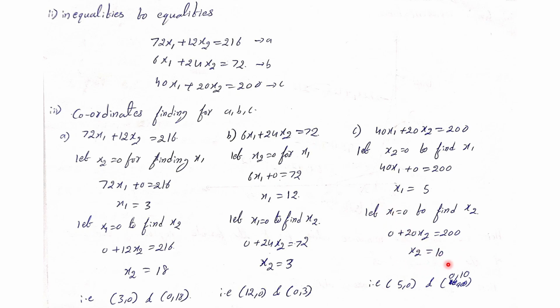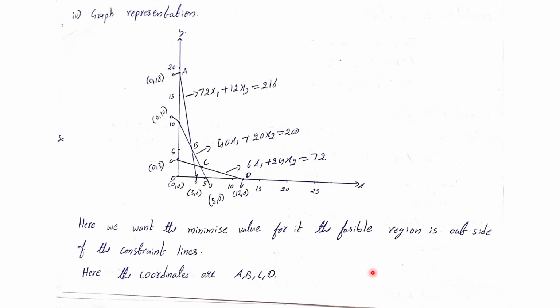We have to place all these points in a graph as shown here. It is equation A, equation B and equation C. These are the coordinate points that have to be placed. For equation 72x1 plus 12x2 equals 216, the coordinates are 0 comma 18 and 3 comma 0.